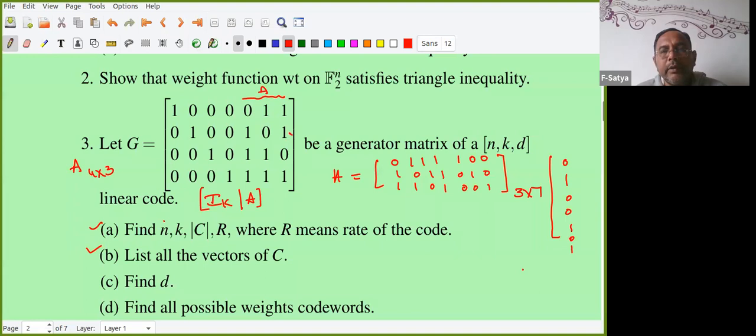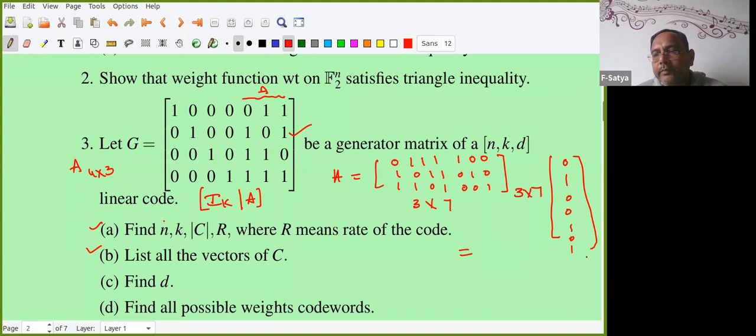Okay, I took this row. What will I get if I multiply this into this? Can somebody tell me? So this is actually 3 by 7, and it is 7 by 1, right? So I'll get 3 by 1, right?